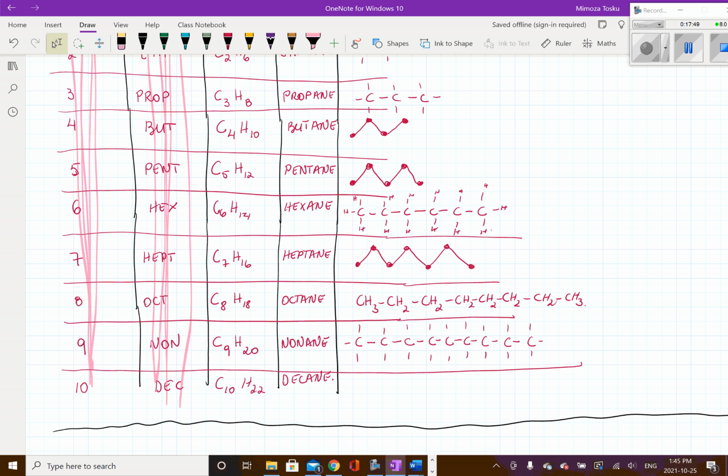If they are branches, then we'll end with YL. So it will be methyl, ethyl, propyl, decyl when they are branches. And when we are talking about the alkane structure, it ends with ANE.